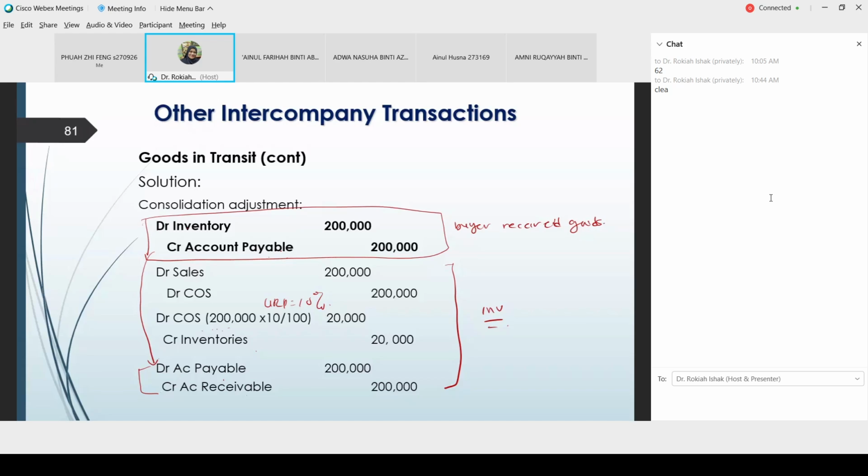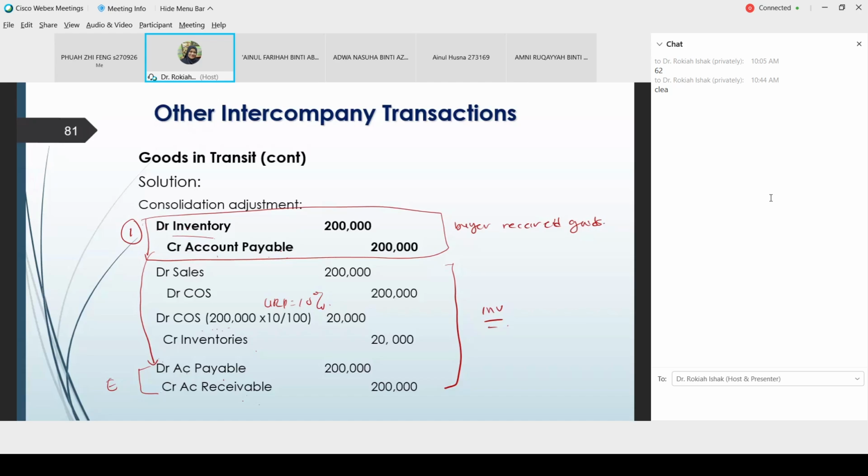We assume that we recognize the transaction when the buyer received the goods. So this is a new journal entry, which is to record the inventory that is going to be received by the buyer, debit inventory, credit accounts payable. And for the elimination here, we debit accounts payable, credit accounts receivable. Okay, any questions for this one? Any of you have a question for this one?